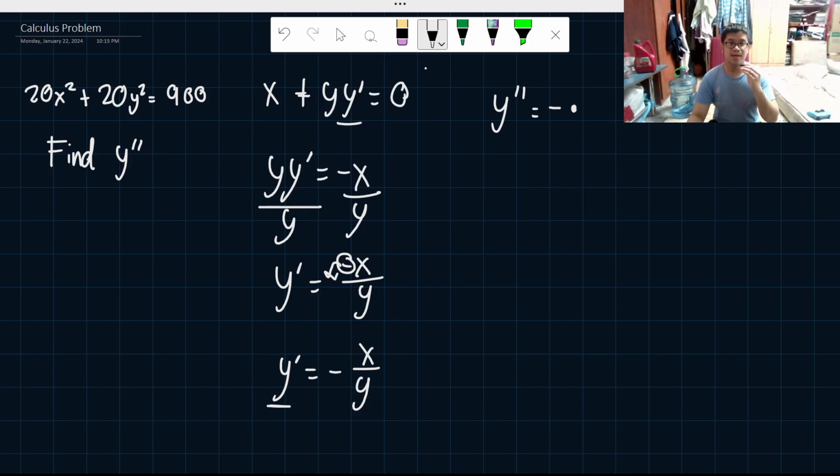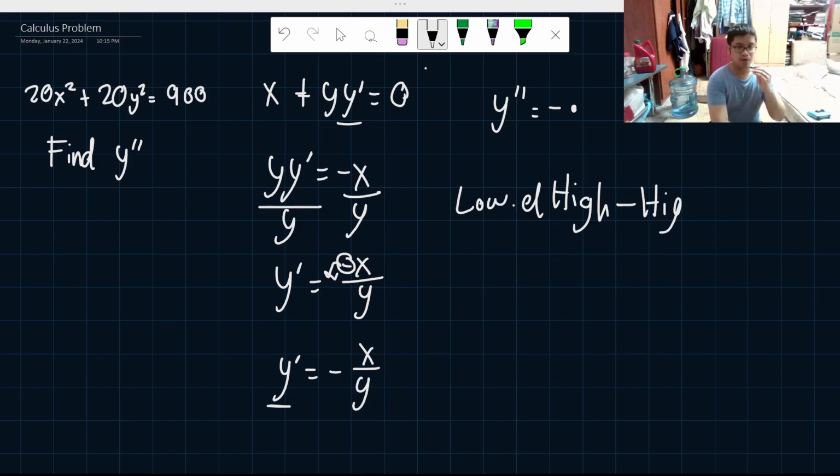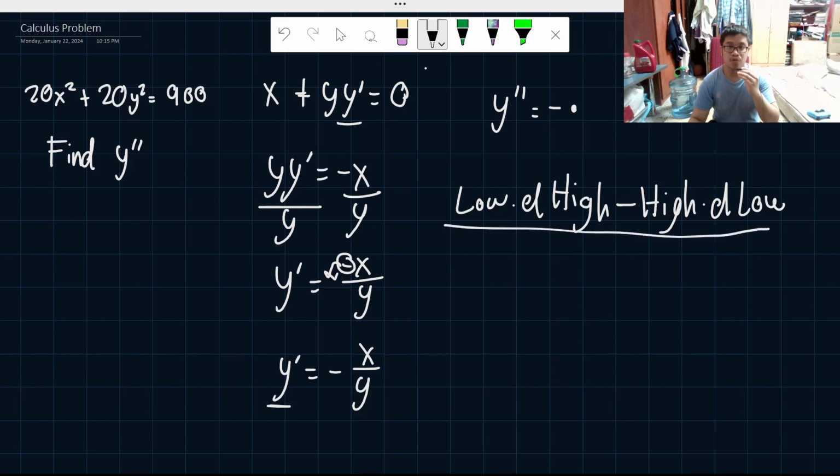So basically, the formula of the quotient rule of differentiation, thanks to my class in calculus, for simplicity's sake is low d high minus high. Oh, hold on. Wait. High times d low all over low squared, right?